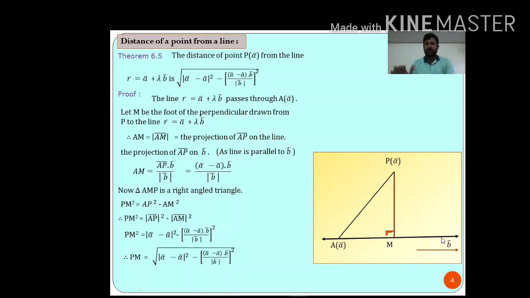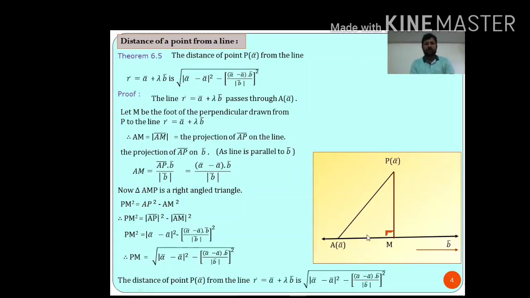By both methods we can find the distance of that particular point from the line. Hence, the distance of a point P of alpha bar from the line R bar equals A bar plus lambda times B bar is obtained by using this formula. This is the statement given.